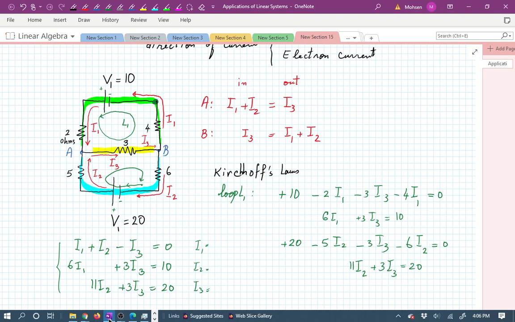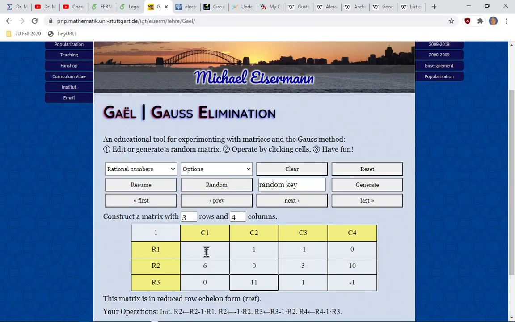My numbers were 1, 1, -1 and 0. Then I had 6 and 0 and 3 and 10. Then I had 0, 11, 3 and 20. I hope I wrote everything correctly. Is that right? Okay, let's hope so. Now resume.